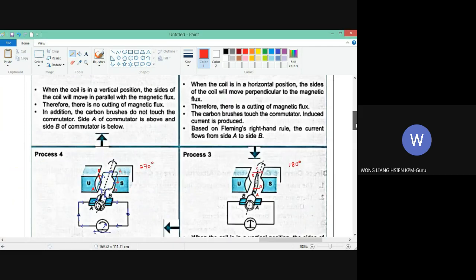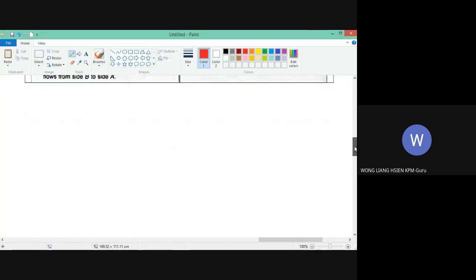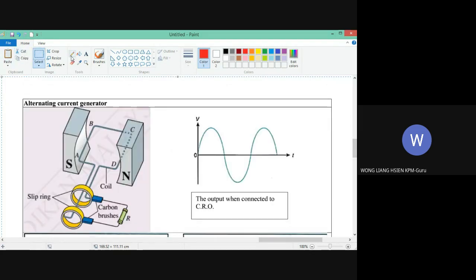So this is how the direct current generator works. Now, continuing on, we want to look at the alternating current generator. Like what the name says, the alternating current generator generates alternating current, a current that flows in both directions alternately.